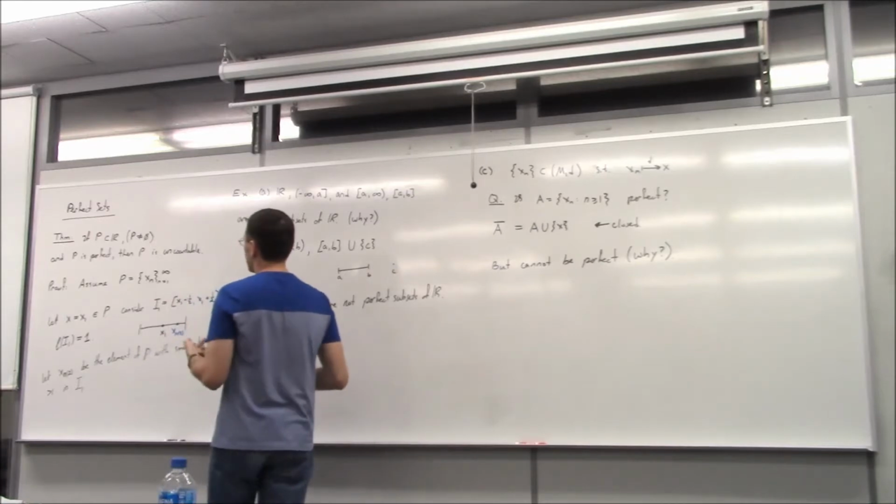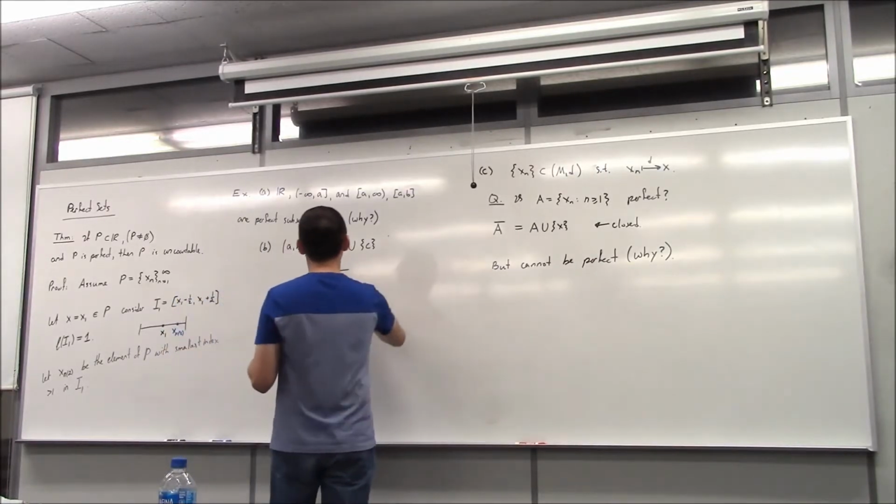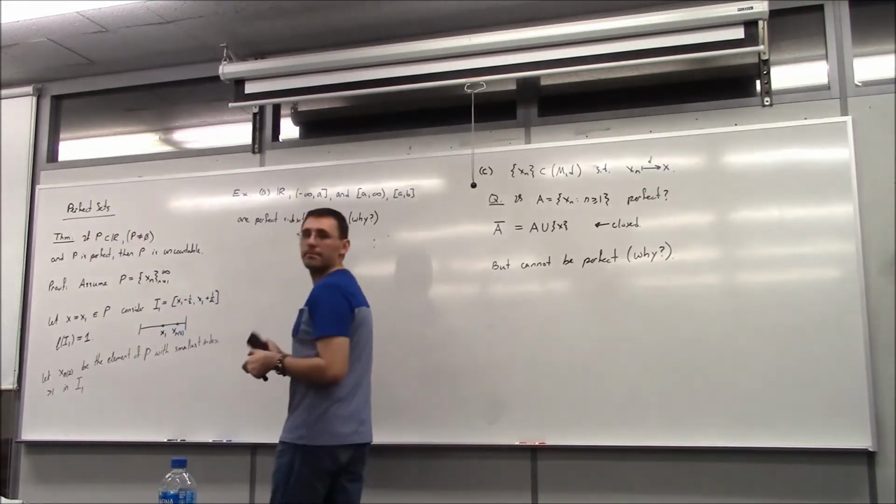So what I can do is I can take a closed interval centered at x_{n_2} that avoids x1.